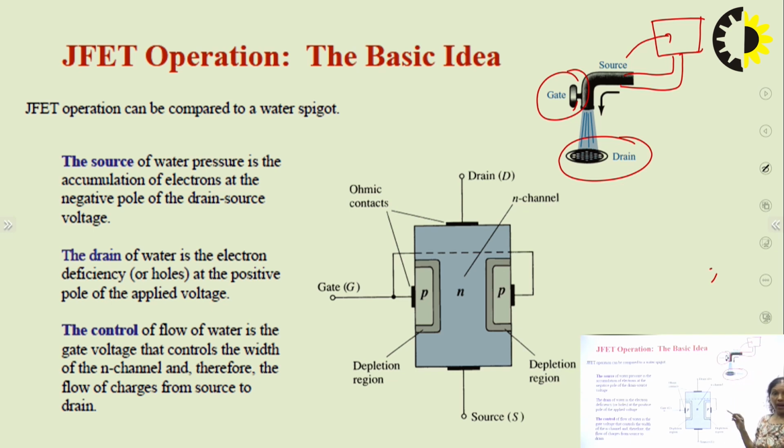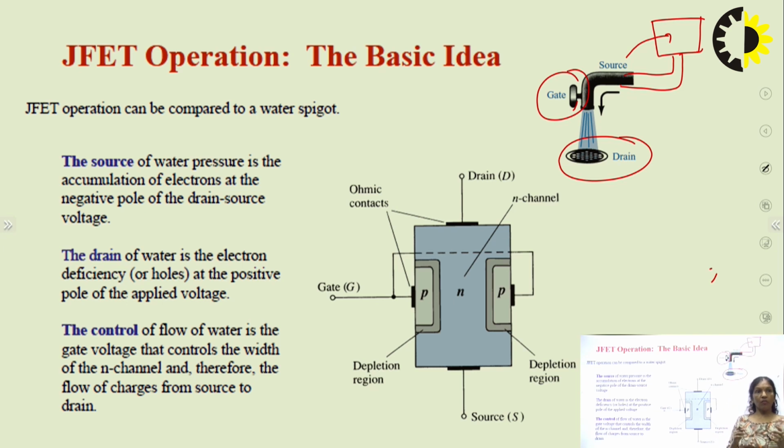Similarly, in the case of a junction field effect transistor, with the help of the gate terminal, by varying the gate to source voltage, we can control the depletion width of the channel, and by controlling this depletion width, we can control the flow of the charge carriers in the channel. So there is a strong analogy between the JFET and your tap water system.